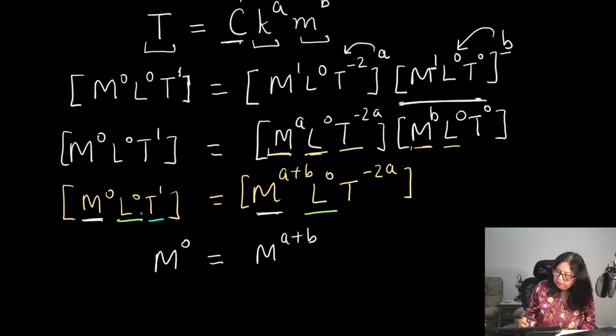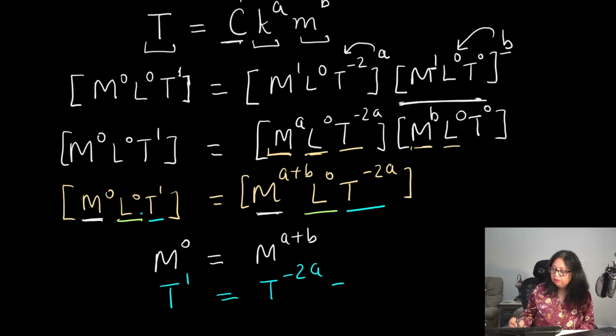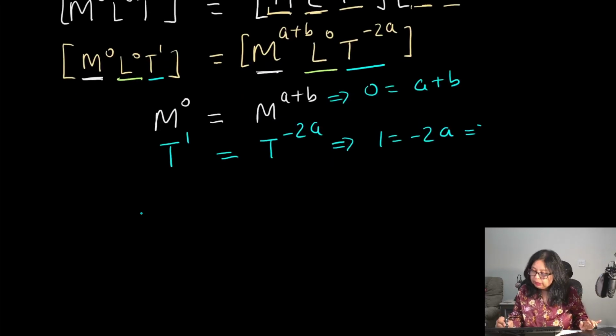Next we have T to the power 1 equals T to the power minus 2A. Wherever the base is same, you equate the power. So 1 equals minus 2A. And from up here, 0 equals A plus B. The second equation gives us A equals minus 1/2.